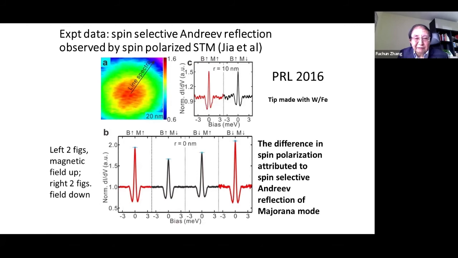If I inverse the magnetic field, and that's the two right figures, okay, again, you find when the tip's magnetization is parallel to the magnetic field, the conductance is larger, the red one, okay.